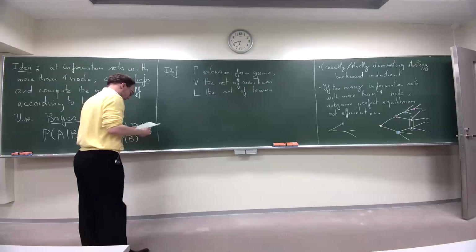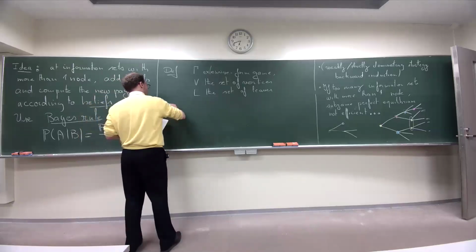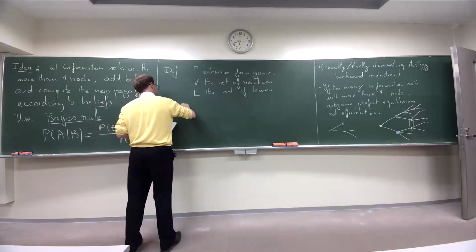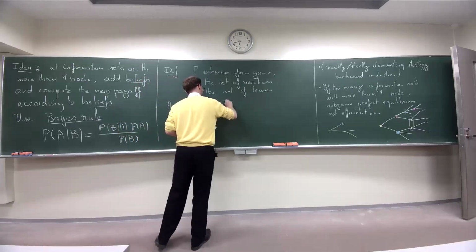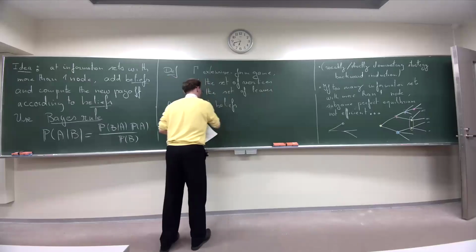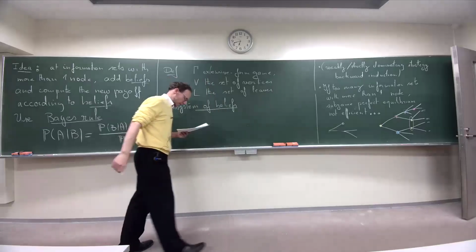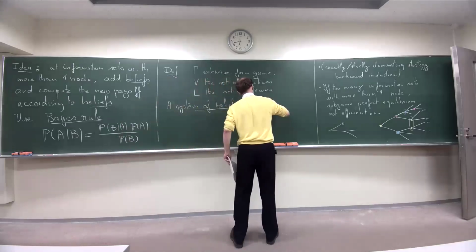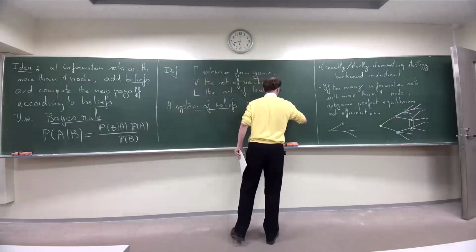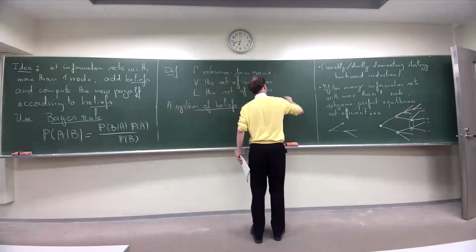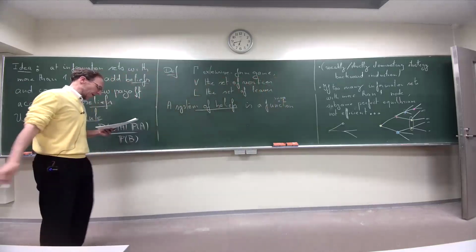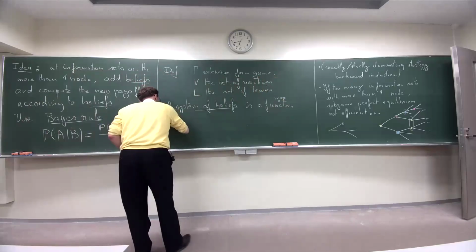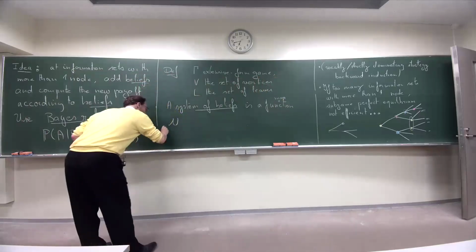So what is, in the definition, a system of belief? A system of belief is a function. I sometimes use the word map. It's the same, a map or a function, I use these two words. It's a map or a function which I denote by mu.